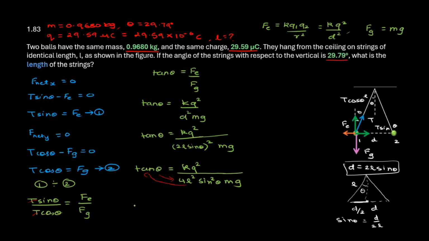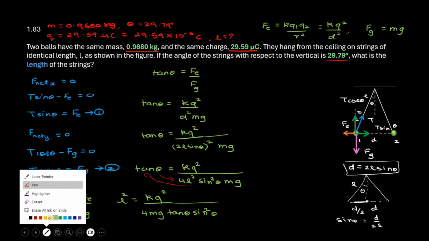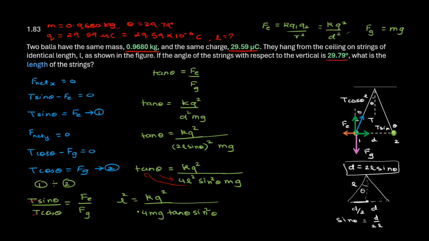So you get L squared equals kq squared over 4mg tan theta sine squared theta. We want to find L and not L squared. So to find L, we have to take the square root of this term, and you get L equals square root of kq squared over 4mg tan theta into sine squared theta.